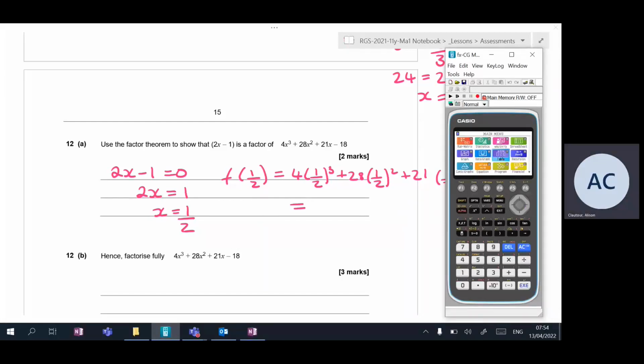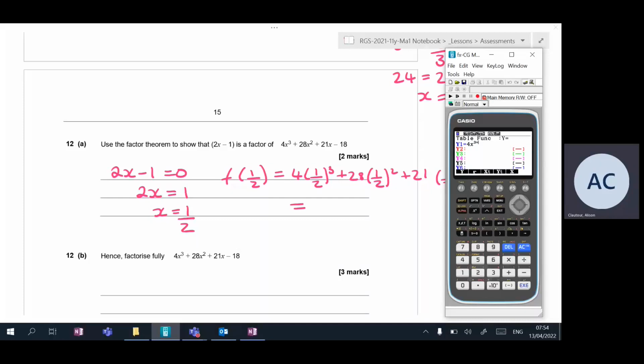Okay, really quick way of subbing in, because I'm lazy and I don't want to sub in on the calculator. And you can do this if you haven't got a graphic calculator. You can do this on a normal calculator as well. There is a table function. So on the table function, you can type in your equation.